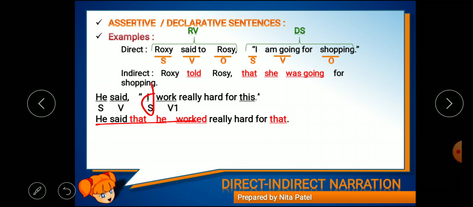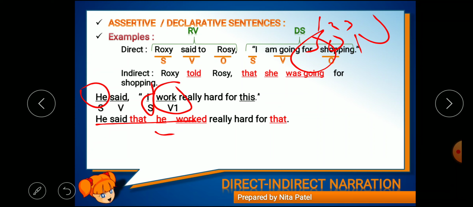I is first person, that is 1, 2, 3, which will convert into SON, remember? So what is the subject here? He is the subject, right? So what is the pronoun for he? It is already a pronoun, so we'll go with he. Now work, V1 is used, that means simple present. Simple present will convert into simple past.